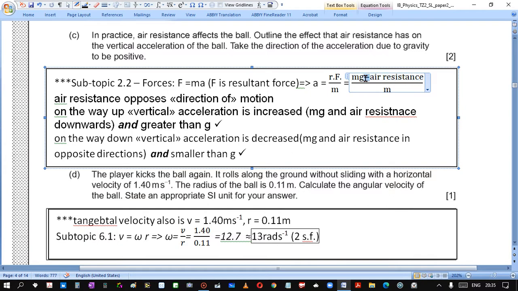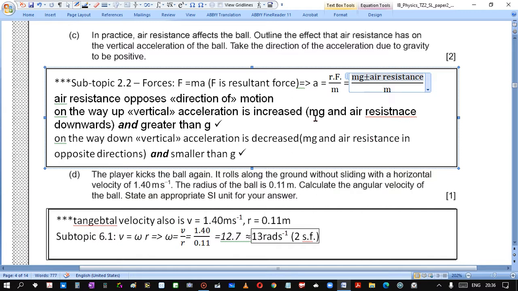Yeah, plus minus. We have here plus or minus. When it is going up, we have plus. When it is going down, it is minus. As a result, the resultant force first will be greater, and then it will be decreasing.